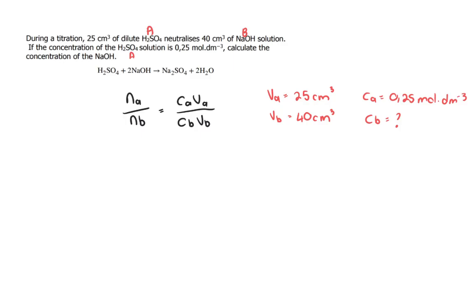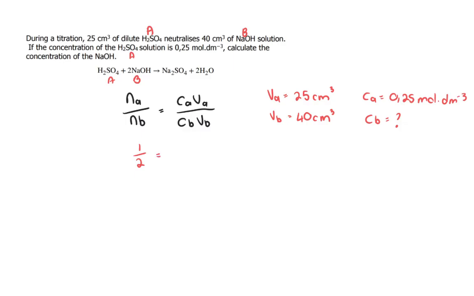You will notice as well that we don't have these values, but that's fine because we don't need to know the precise number of moles. We can also use our ratios. So the ratio of my acid to base, remember if there isn't anything in front here, it's a 1, is 1 to 2. So I can just put that in there as well.